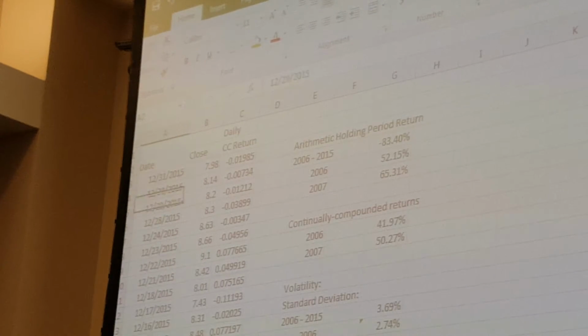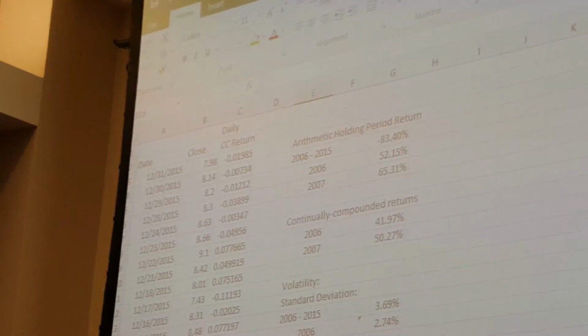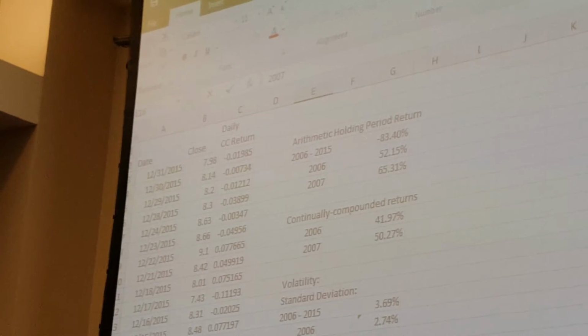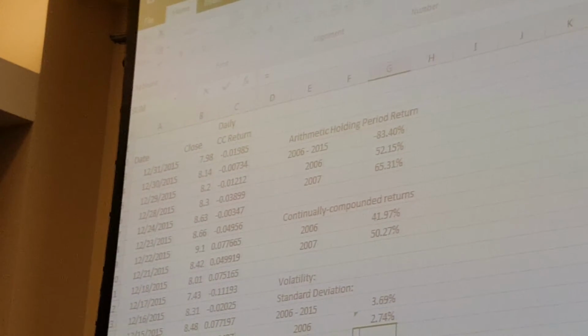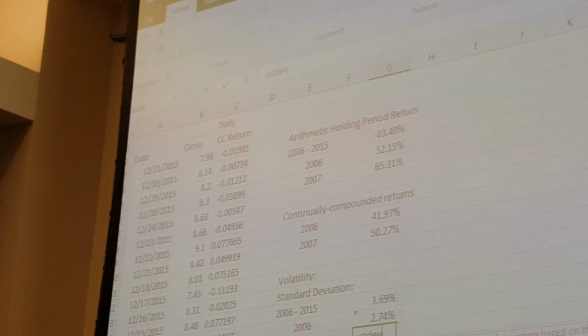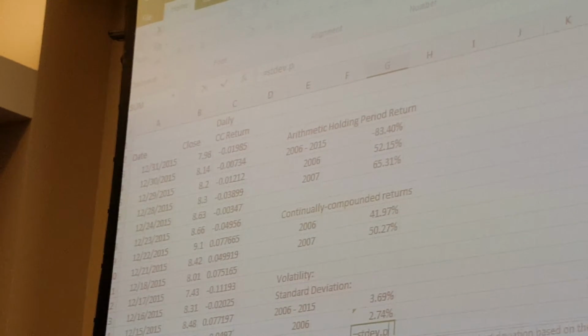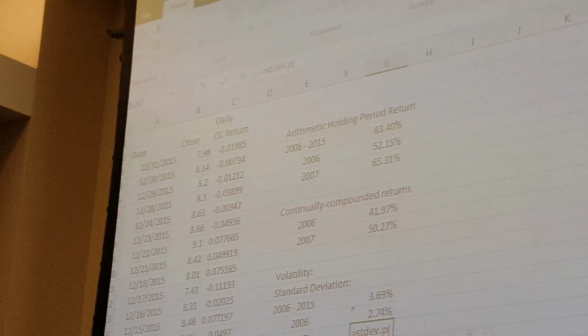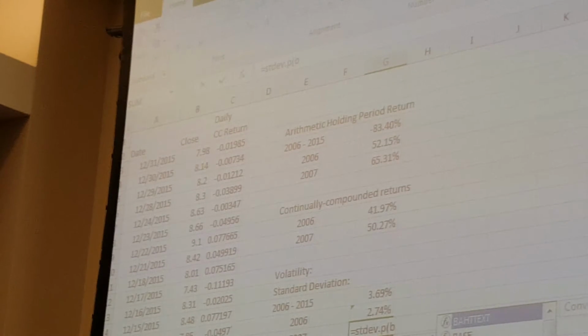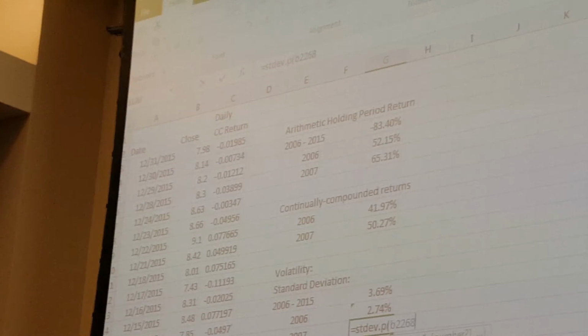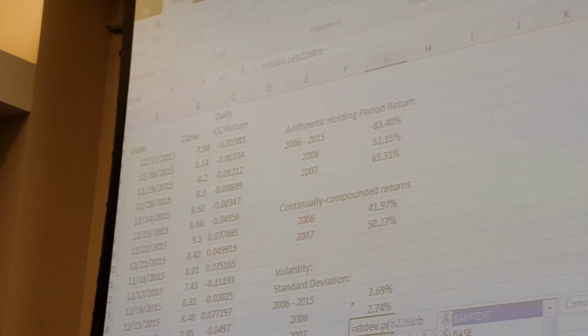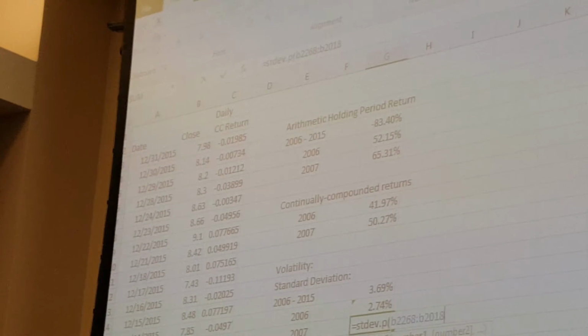Okay, so I'm going to go back up here. 2007 equals STDEV.P B2268 B2018.